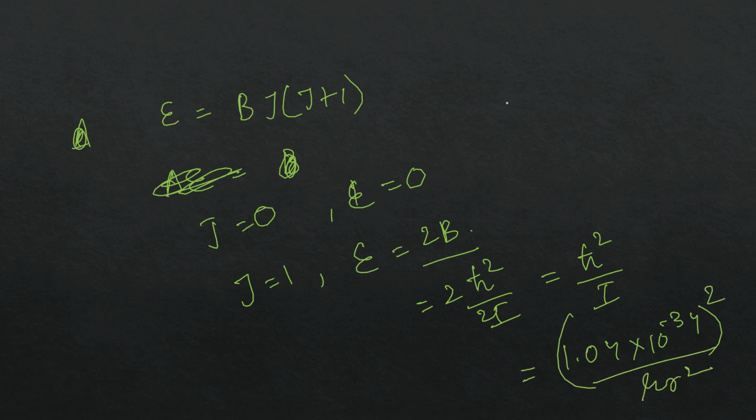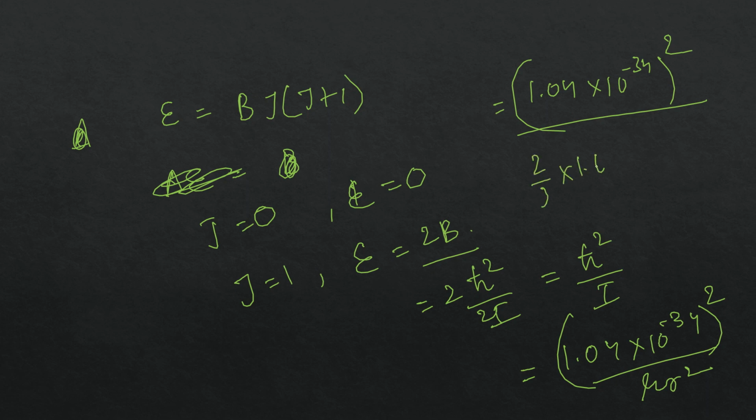You have calculated mu: 2 by 3 into 1.6 into 10 to the minus 27. R is 8 into 10 to the power minus 11.